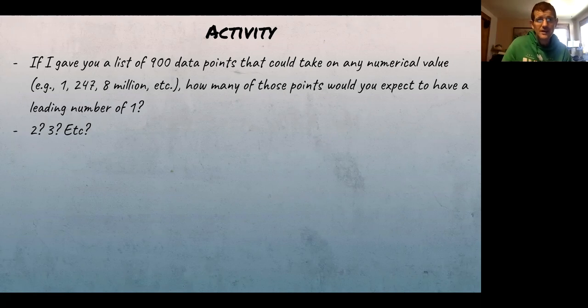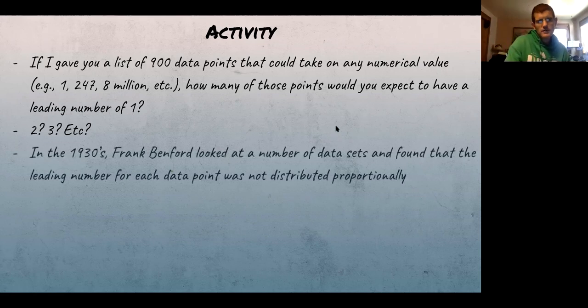So intuitively, we would think that for any random list of numbers, as long as there are enough of them, you should have approximately equal amounts starting with each digit. Well, in the 1930s, and this was actually observed before that, but in the 1930s is where it got formalized, Frank Benford looked at a lot of data sets, ended up with, I think, over 20,000 data points from many different data sets, and found that the leading number for each data point was not distributed proportionally.